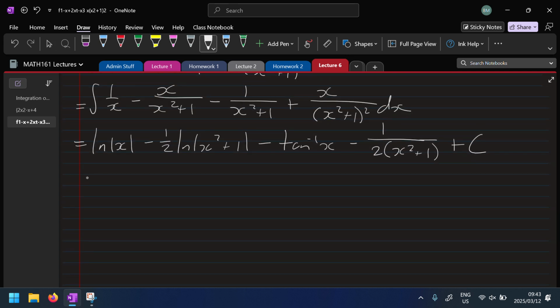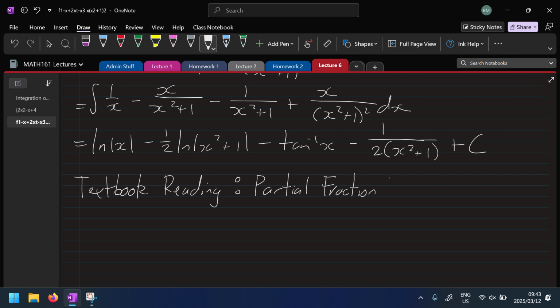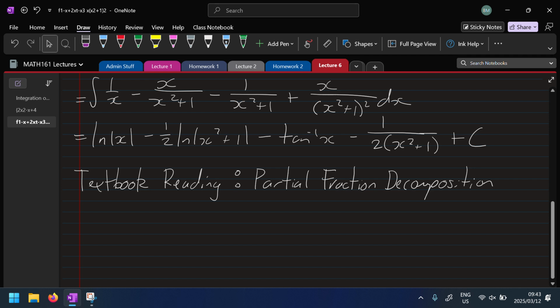For tomorrow, please do some textbook reading. This is the chapter on partial fraction decomposition. It's just after the trig substitution chapter that we did last week.